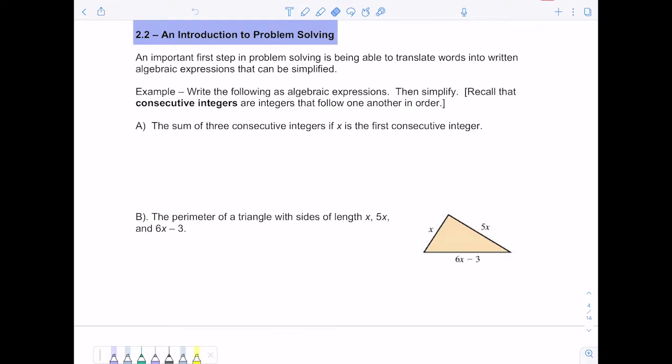This first problem talks about consecutive integers, and you may see that term used throughout the book in certain areas. You need to remember that consecutive integers are just integers that follow one another in order. An integer, remember, is just a signed whole number.